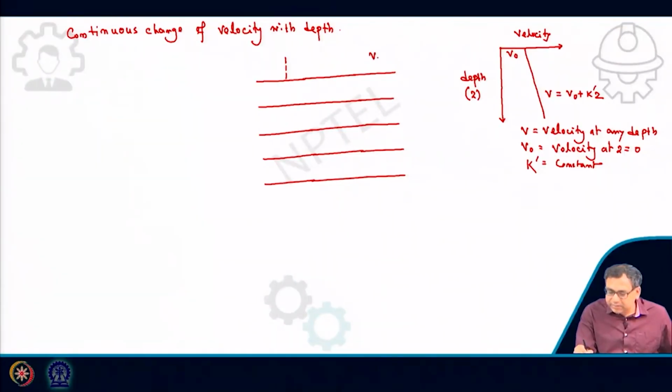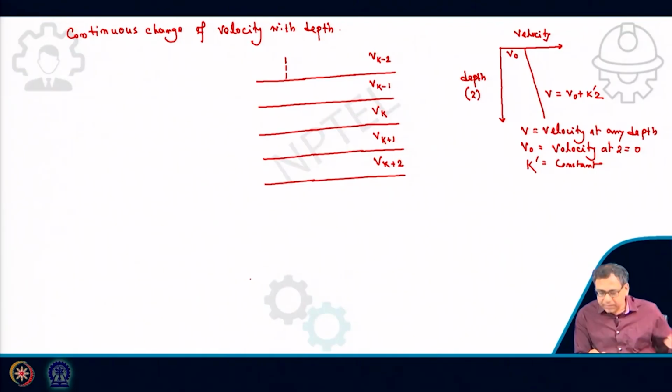This is vk minus 2, this is vk minus 1, this is vk, this is vk plus 1, this is vk plus 2, say. Okay. So that is the layer.